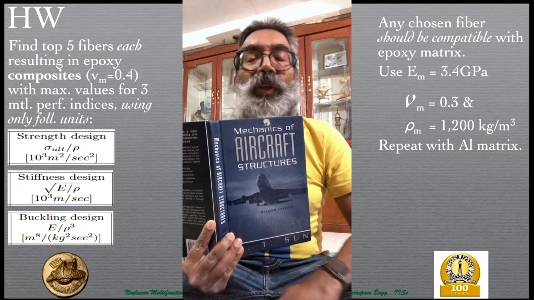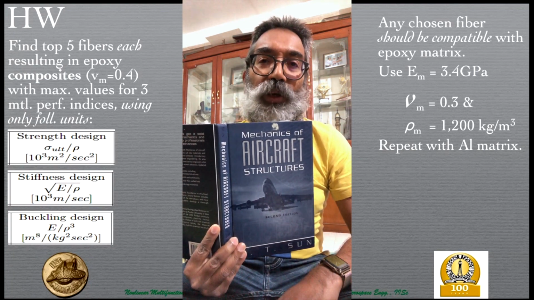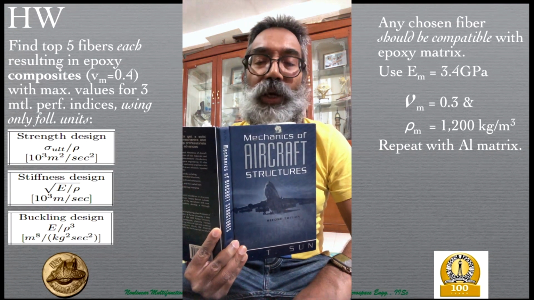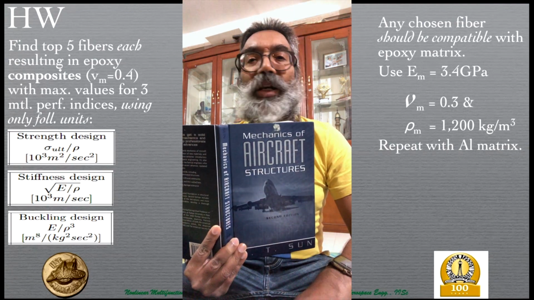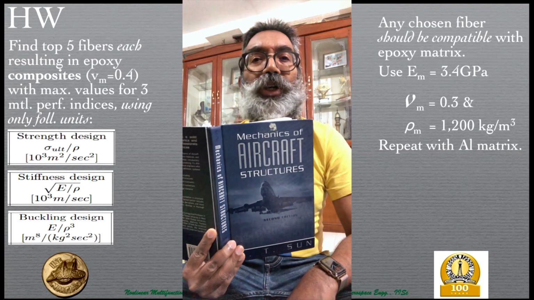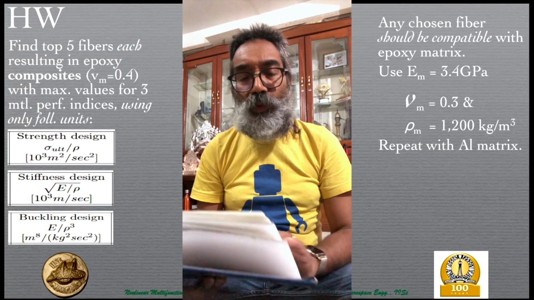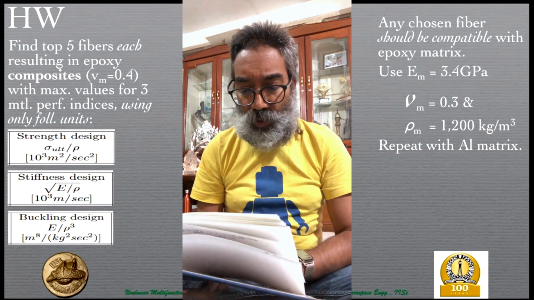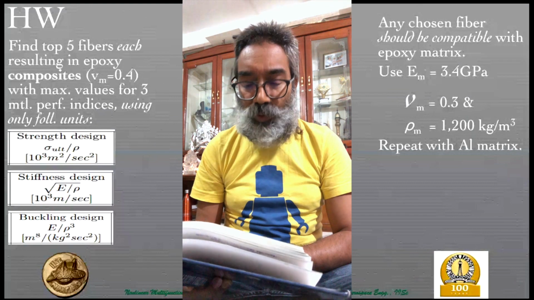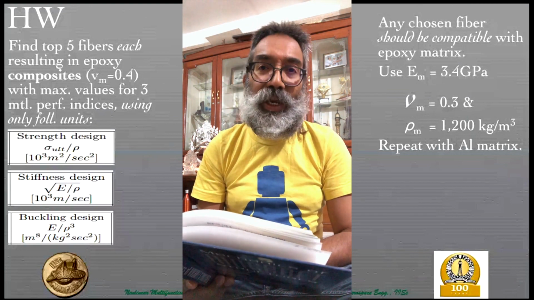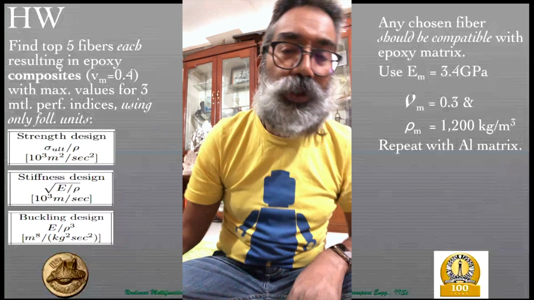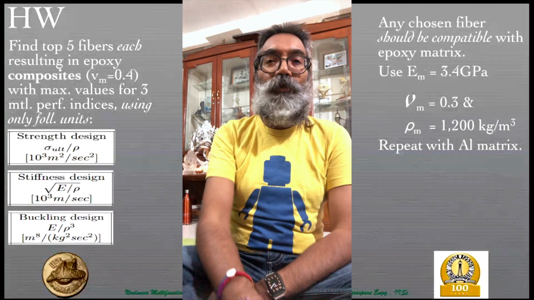I'd shared the entire list in the beginning of the course, so you can go to the top of the chat to look at those books as well, but those are all pretty much references. We'll mostly stick to this particular book, and so I want you to take the E, the sigma U, and also rho, which is the density, which will be 2780 kilogram per meter cube, which is what is listed in your textbook. So use those properties for the aluminium matrix.